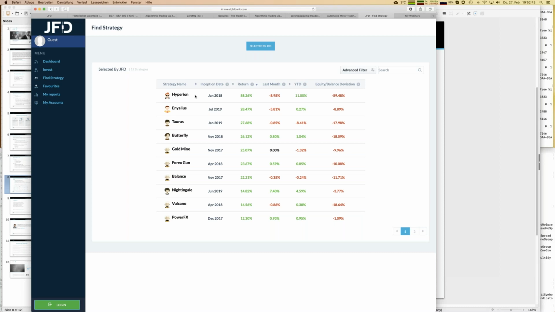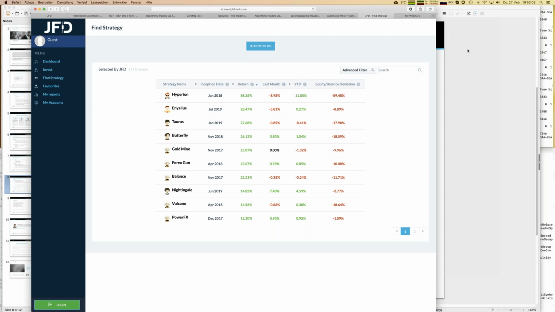So you don't open individual trades. No, everything's done directly at JFD. Those trades are copied into your account, nothing else. And you cannot really play around with those trades, because the only thing you can do is start following a trading strategy or stop, but not play around with the single trades.